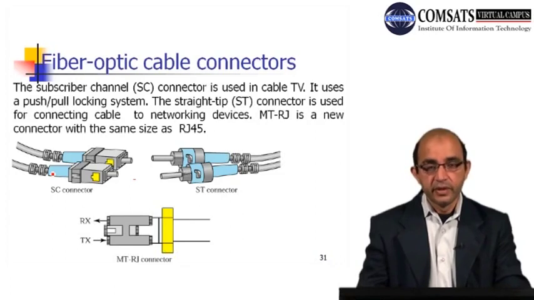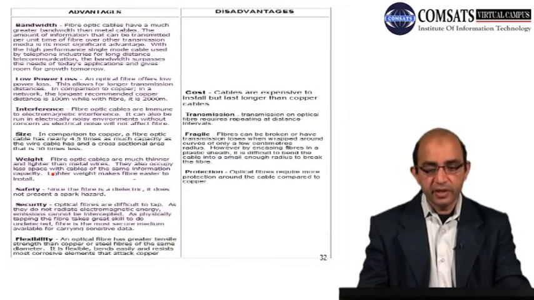We can have different technology experts, right? A lot of technology experts that can terminate fiber at the user's premises, right? So here we have the advantages and disadvantages of the optical fiber, right?